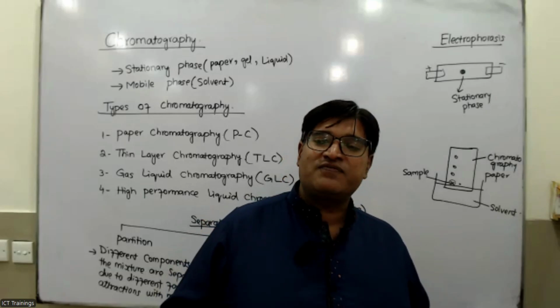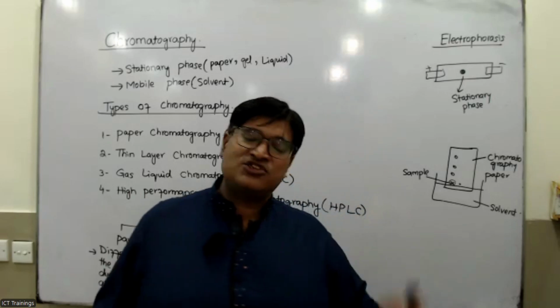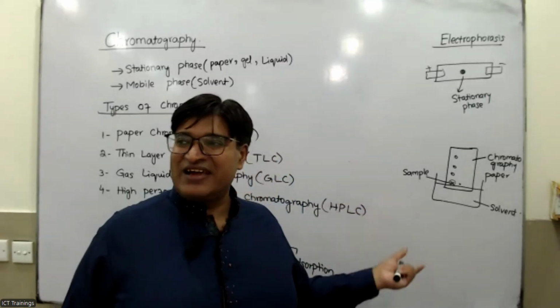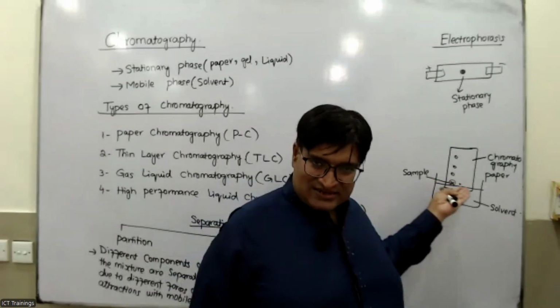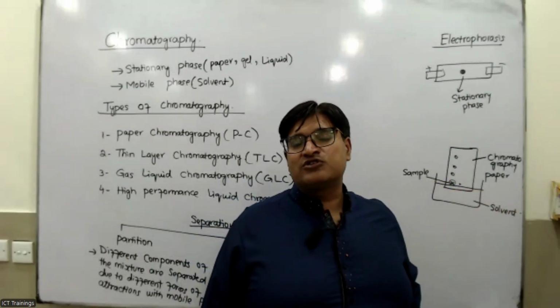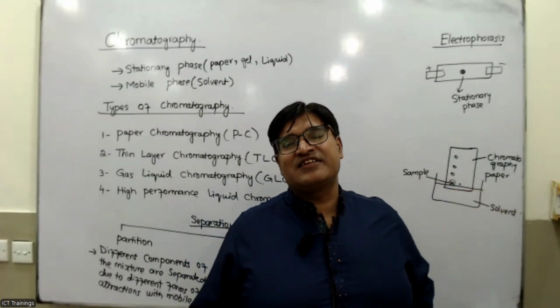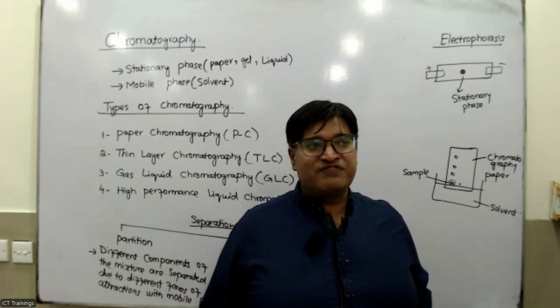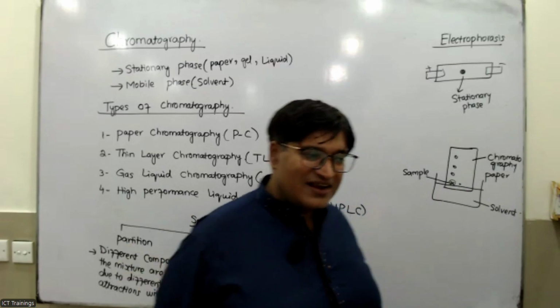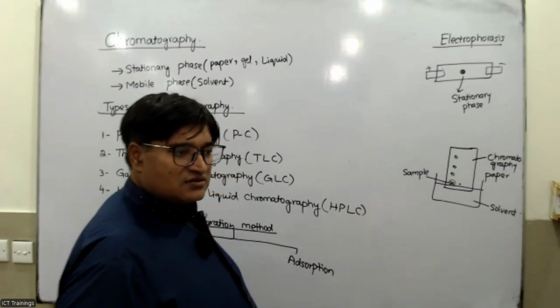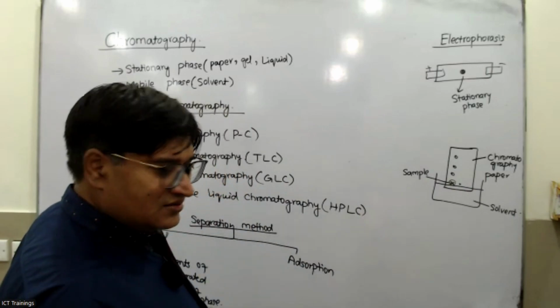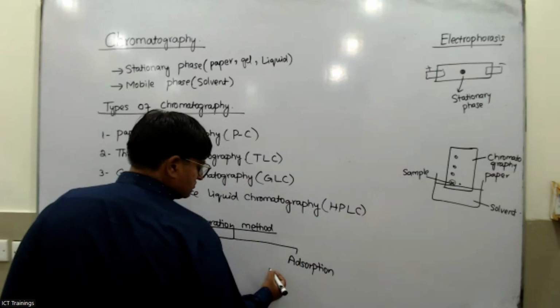So those components of mixture with strong forces of attraction with the stationary phase, they travel less, okay, and those with weaker forces of attraction with the stationary phase, they travel further, they travel more. Did you get it, guys? Yes, sir.